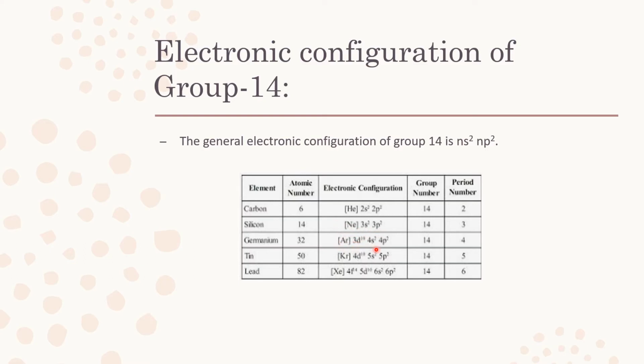The configuration ends with s2p2, that is ns2 np2. The period changes 2, 3, 4, 5 and 6, and the electronic configuration also changes accordingly. The group number remains the same, that is group 14.